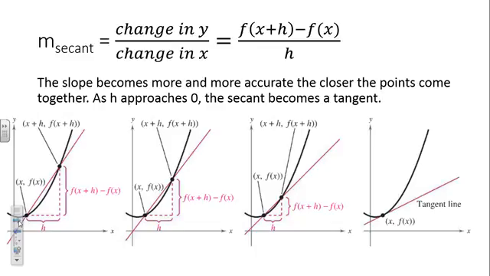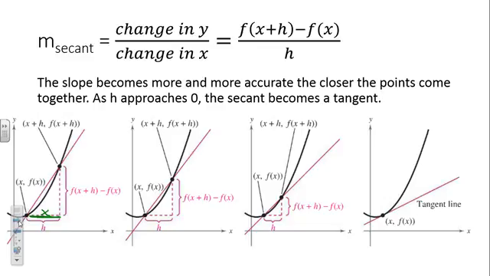The slope of the secant is the change in y divided by the change in x. And the change in y is f of x plus h, we've moved it a little bit horizontally, minus f of x, our original function, all divided by h. Because this is my x movement, right?